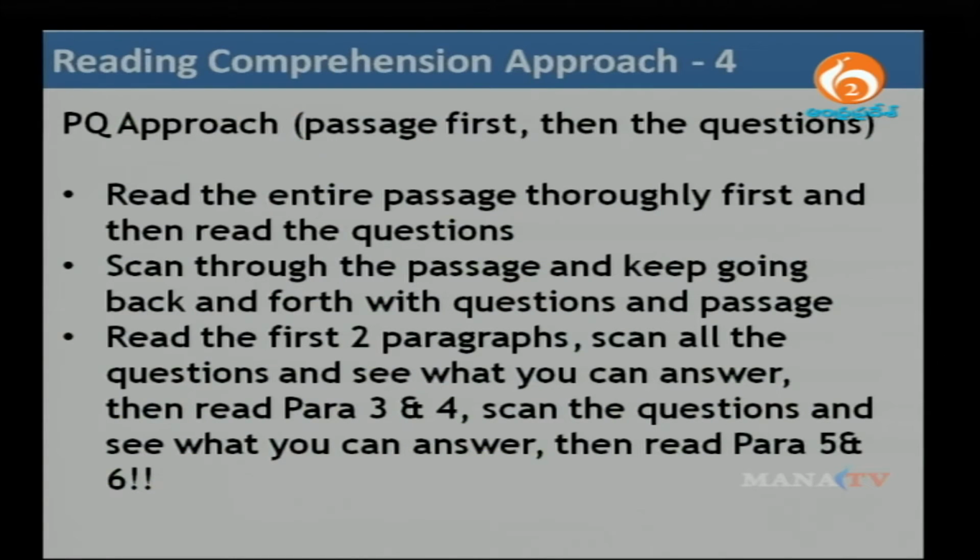Read the first 2 paragraphs, scan all the questions and see what you can answer. Then read paras 3 and 4, scan the questions and see what you can answer. Then read paras 5 and 6. Basically what it means is, read the first half of the passage, immediately go to the questions and see if you are able to answer any of those 5 questions because you have just read the first half of the passage.